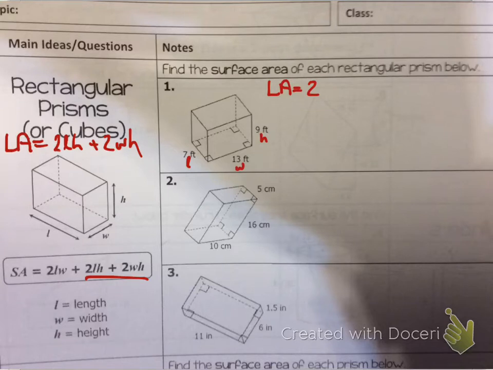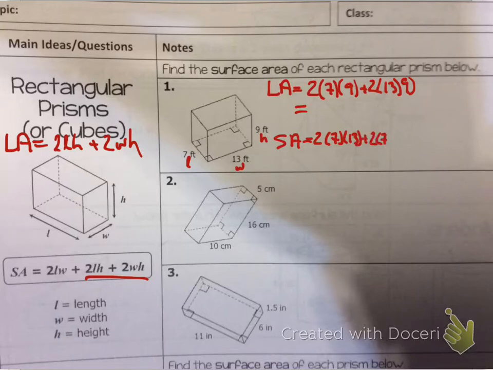So the length is going to be 7 and 9, plus 2 times the width, 13, and the height, 9. And that will give me the lateral area. Surface area is going to take all of that, but add in 2 times the length times the width. So 2 times 7 times 13, plus all that other stuff.